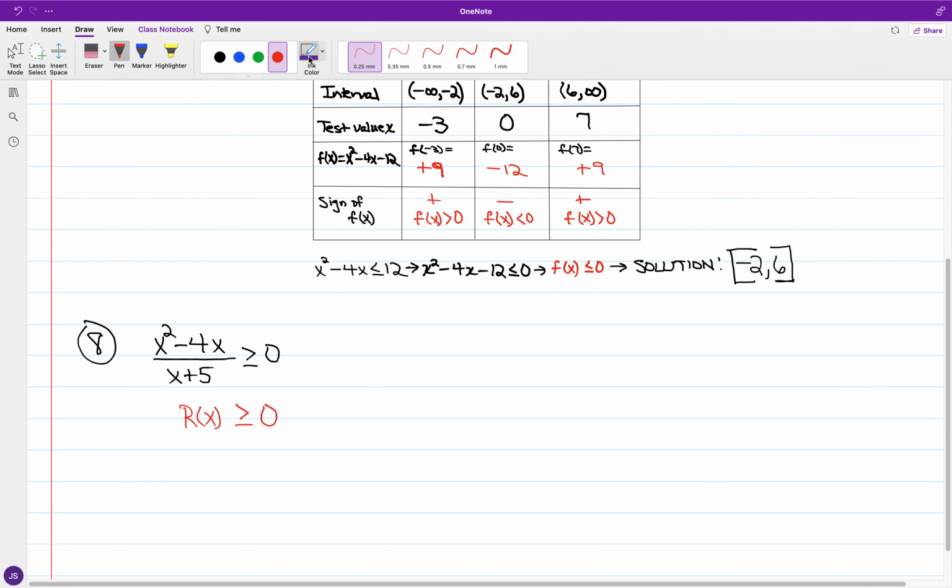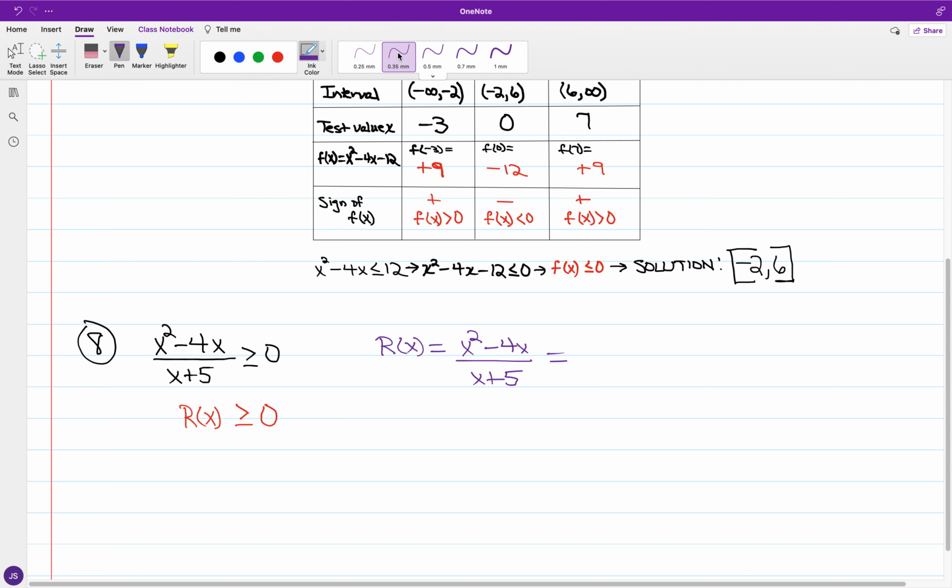And in the case of r of x, I have x squared minus 4x over x plus 5.